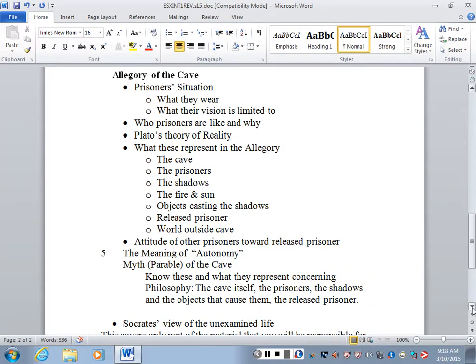Plato says a philosopher should be looking for things in the world of the forms, where there are these perfect blueprints of things in this world. So the world outside the cave is the world of the forms. At any rate, you can go back and look at your notes on this.